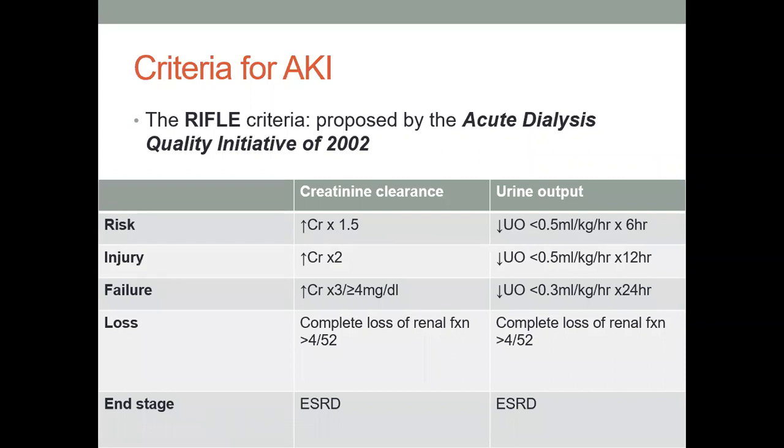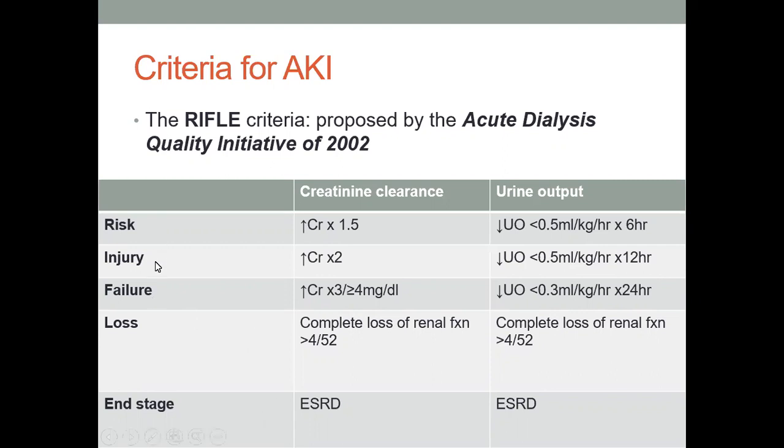Now, there are different criteria that have been developed or proposed to make a diagnosis of acute kidney injury. Some of the common ones are the RIFLE criteria. This was proposed way back in 2002 by the Acute Dialysis Quality Initiative. We can see from the table, RIFLE criteria: R means risk, kidney at risk.